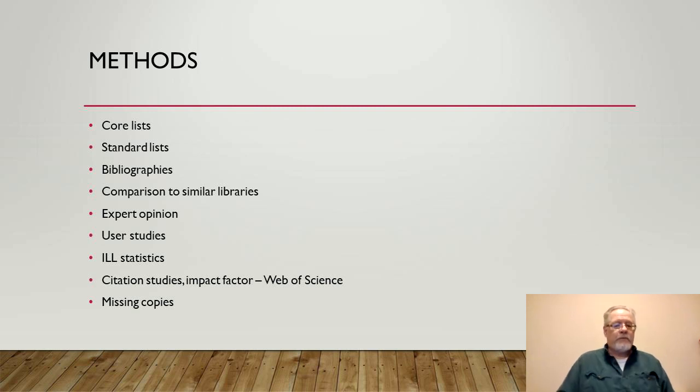Depends on what the book is, of course, but the bibliographies and such in those things can be used as well. Another one is comparison to similar libraries. How does this library compare to another library that has the same field of study?